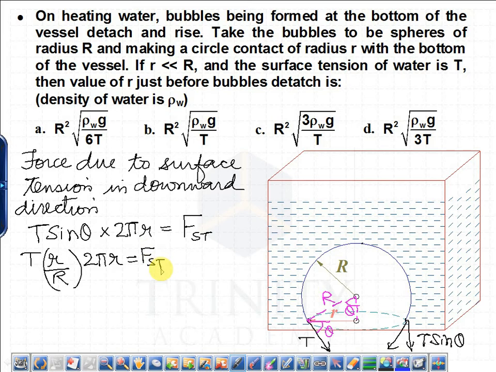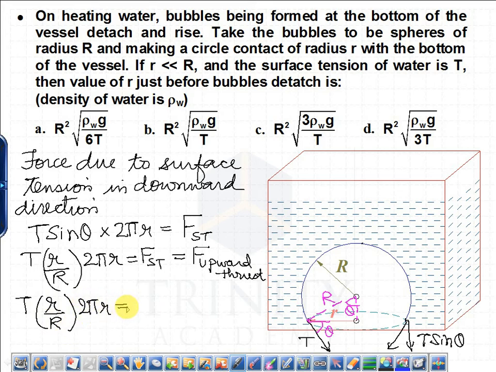The force due to surface tension must be balancing the upward thrust, and the upward thrust will be equal to 4 by 3 pi R cube, the volume of the bubble, into the density of water, that is the mass, into gravity g.